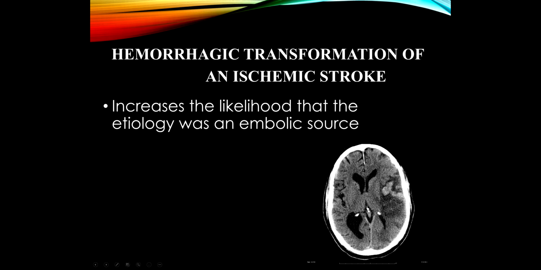A clot went up to the middle cerebral artery and the patient had a stroke, but then maybe the clot broke apart because of the increased pressure, and then you have sudden high pressure flowing into the area of ischemia, and that tends to result in some hemorrhage. So if we see something like this, we're going to look very carefully at the heart to find the source of the emboli.